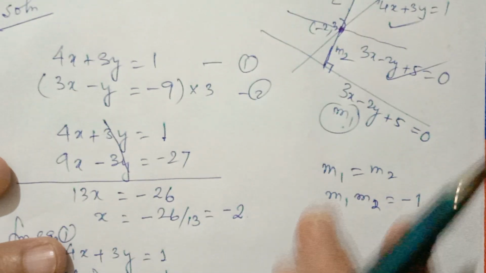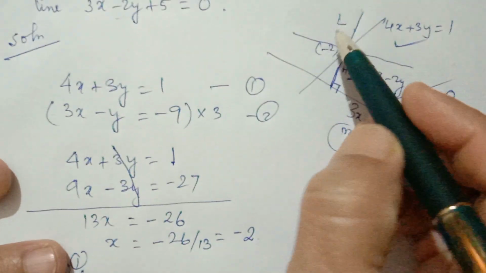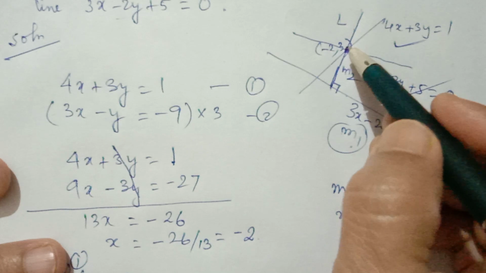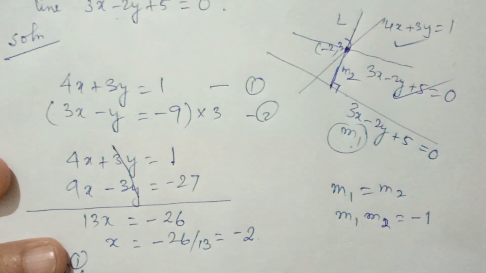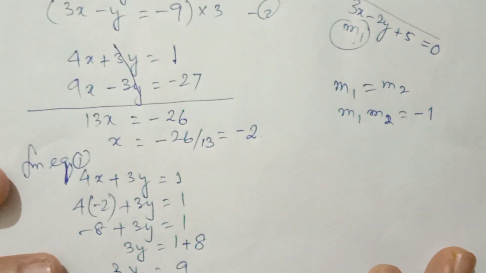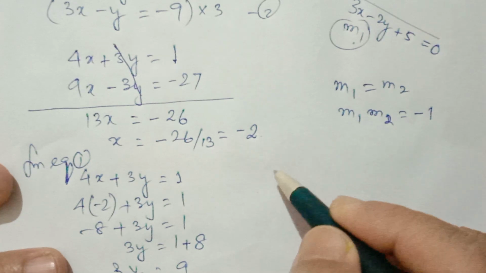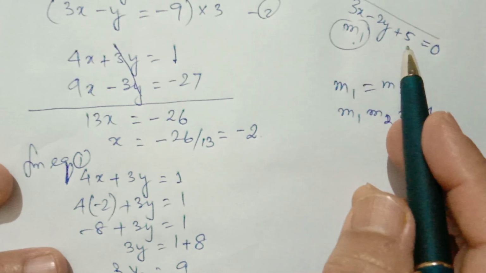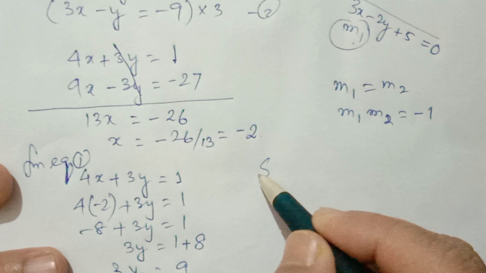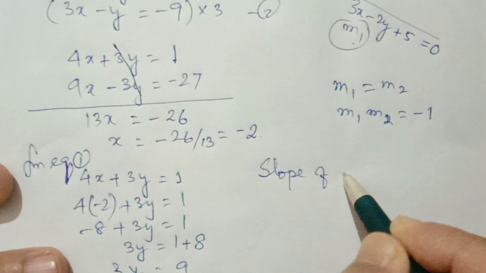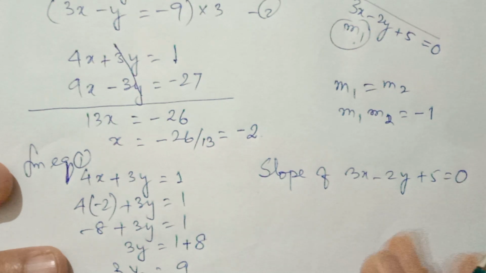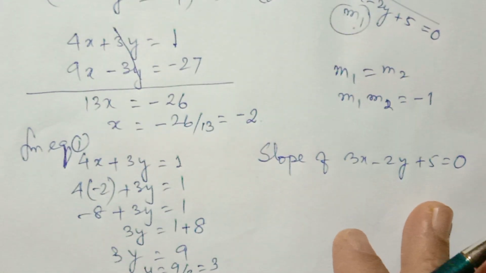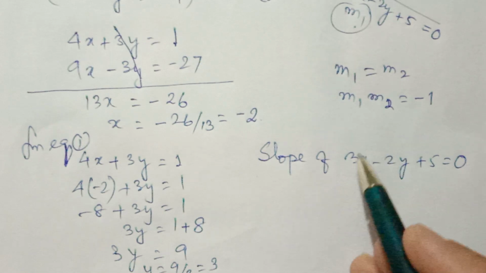It is given in the question. Now for this line we don't know the equation, but for this line we are given the equation. So from here we can find the slope. That means we can find the slope of the line 3x minus 2y plus 5 equals 0. So now how to find the slope from the equation? I am telling you a very easy idea.